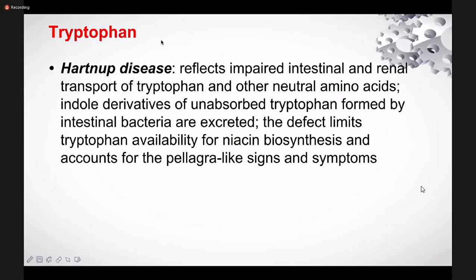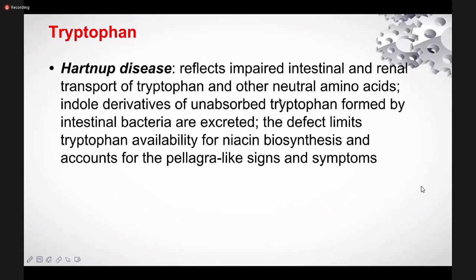The most relatable disease for tryptophan, like phenylketonuria earlier for phenylalanine, is Hartnup disease. Hartnup disease is related to a tryptophan catabolism defect. It reflects impaired intestinal and renal transport of tryptophan and other neutral amino acids.